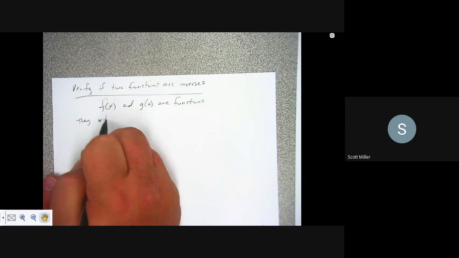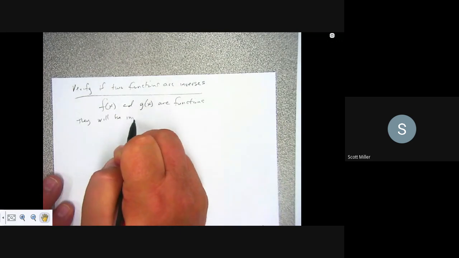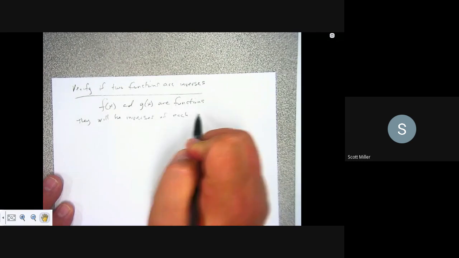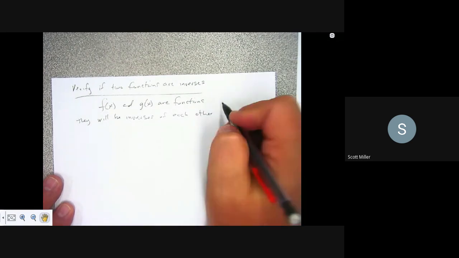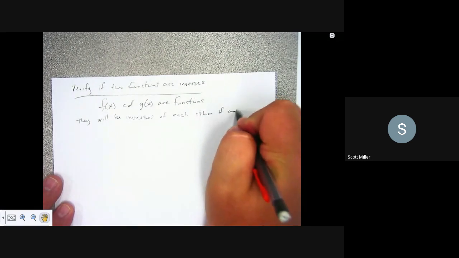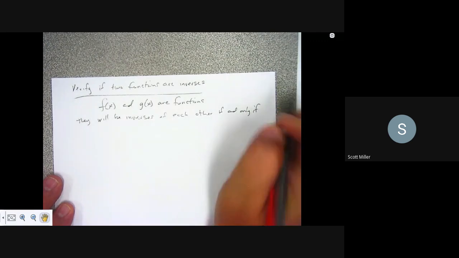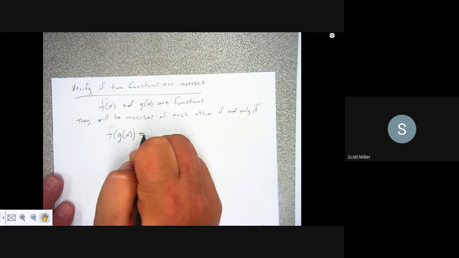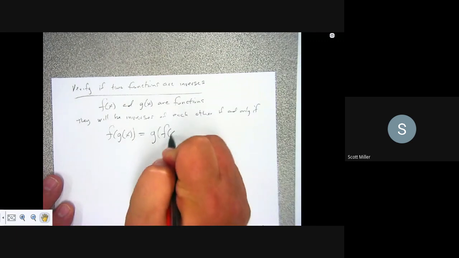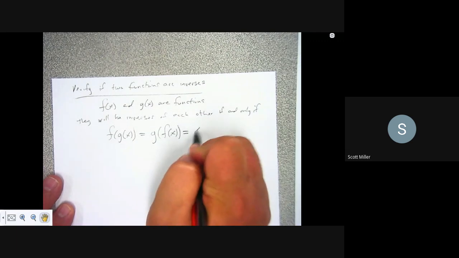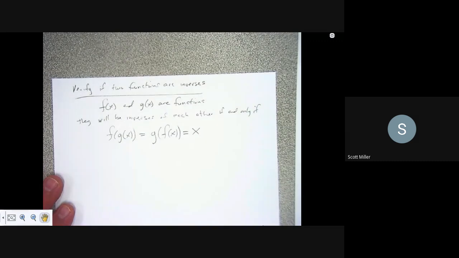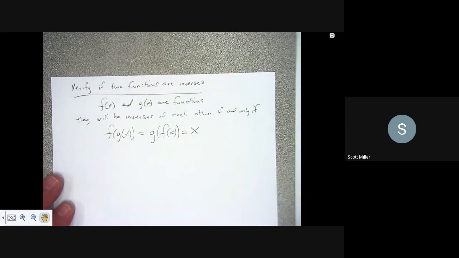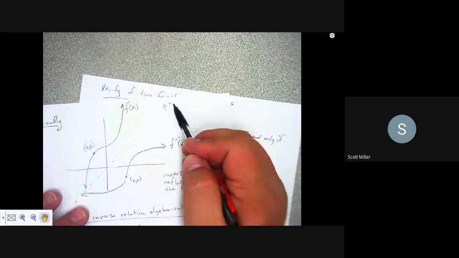They will be inverses of each other if and only if f of g of x equals g of f of x and both have to equal x. Well, why x? Where does that come from? y equals x.